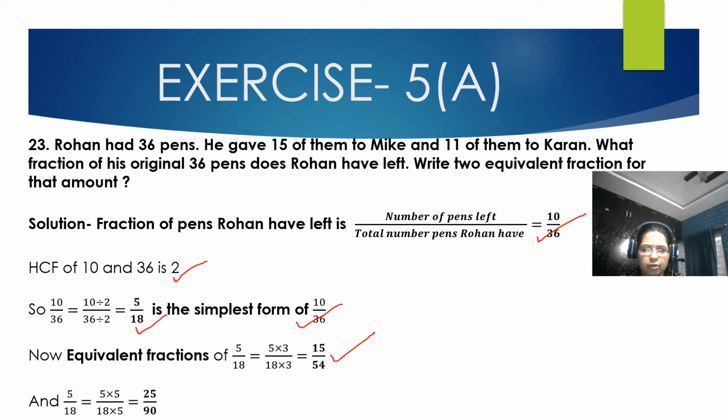And for another, multiply 5 with both numerator and denominator of the fraction 5 divided by 18. So 5 multiplied with 5 is 25 and 18 multiplied with 5 is 90. So 25 divided by 90 is an equivalent fraction of 5 divided by 18.